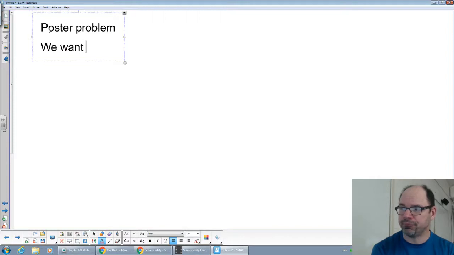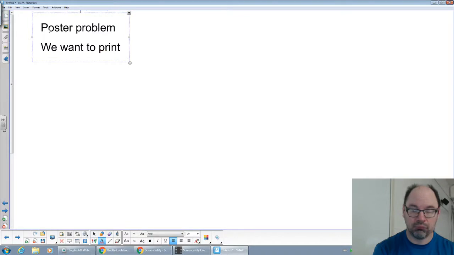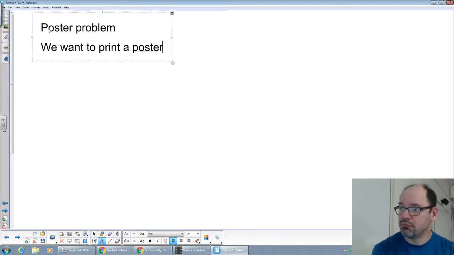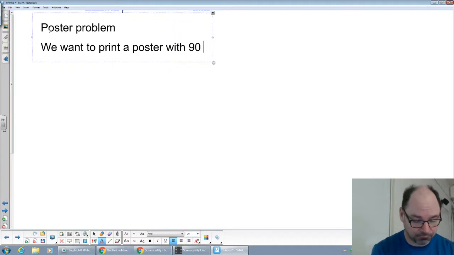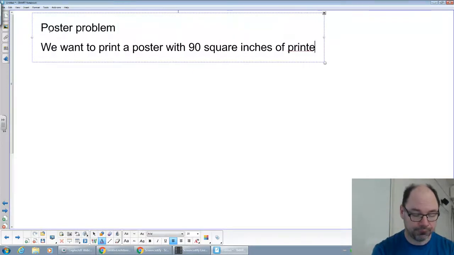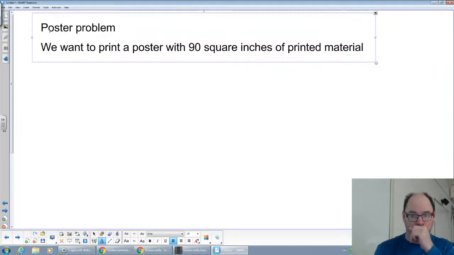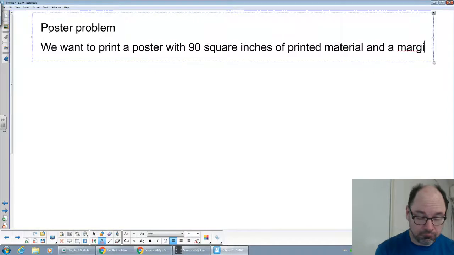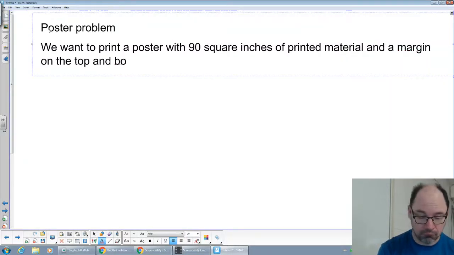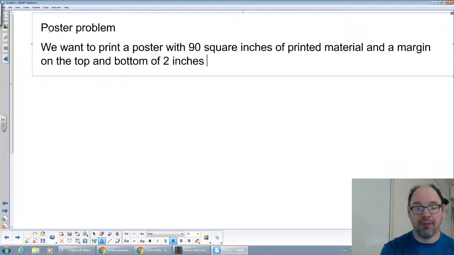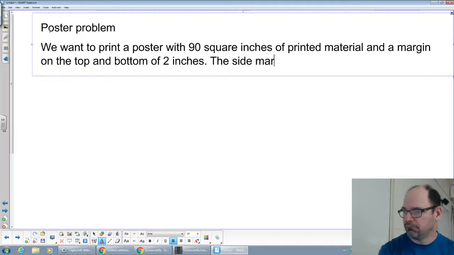We want to print a poster with 90 square inches of printed material, with a margin on the top and bottom of 2 inches, and side margins of 1.5 inches.